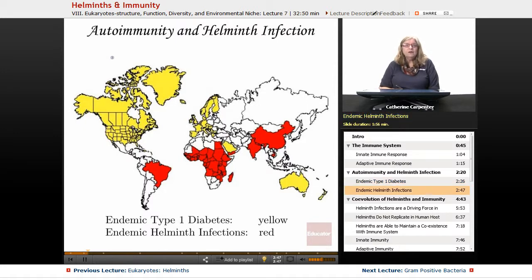And the red areas indicate places in the world where helminth infections are endemic. And this hypothesis has been around for quite a while: as these countries became more and more sanitary, as the sanitary conditions improved, infectious diseases like helminths were greatly diminished.